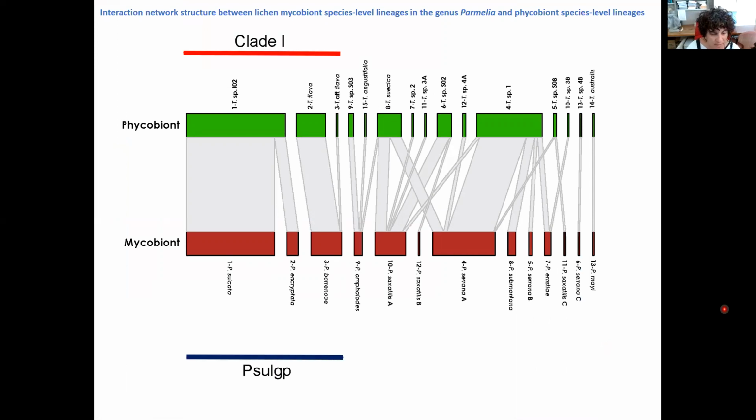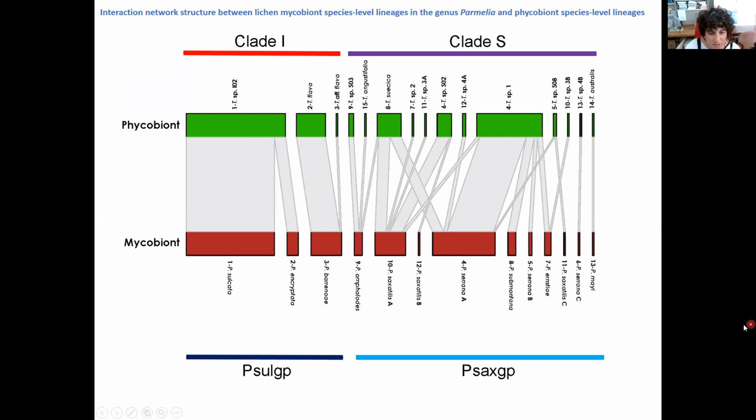The Parmelia sulcata group, which includes Parmelia sulcata, encryptata, and barrenoae, associated only with clade I. The Parmelia saxatilis group associated with clade S. This could be related to the vegetative reproductive structures, a phenomenon that has been observed in Cladonia.